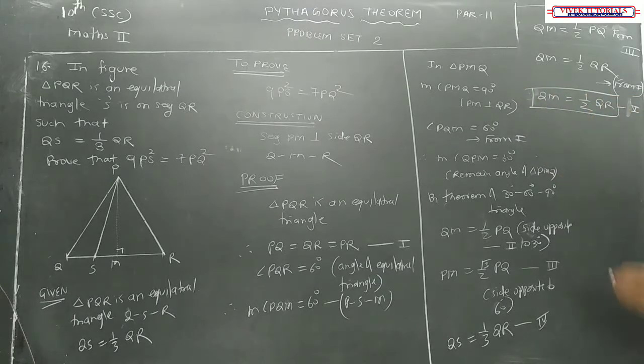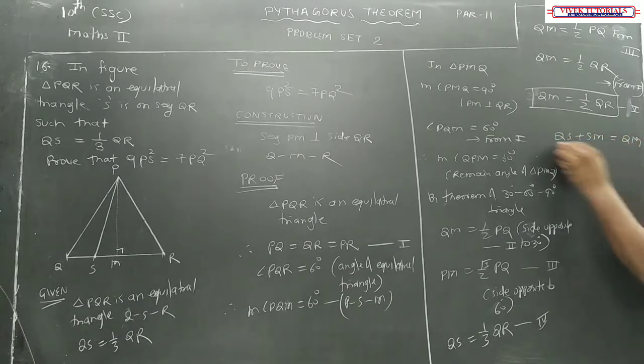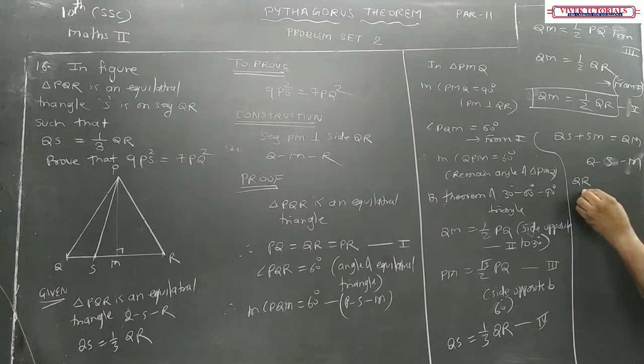Now what I'm going to do is QS plus SM is equal to QM. Reason is Q, S and M are collinear points. So QS plus SM is equal to QM. So QS is equal to QR upon 3. SM I don't know the value of SM, QM is QR by 2.